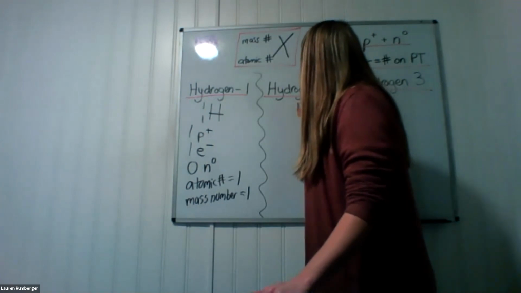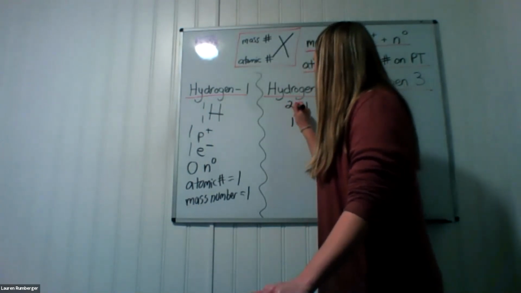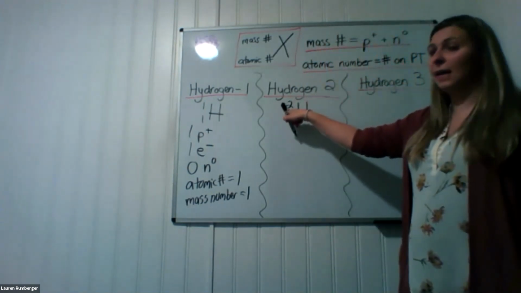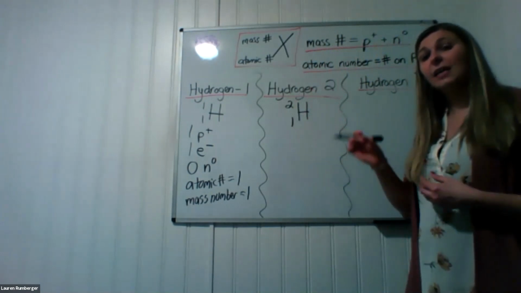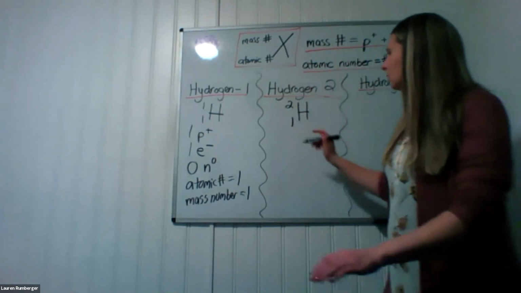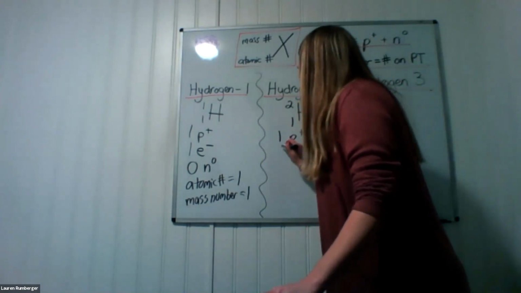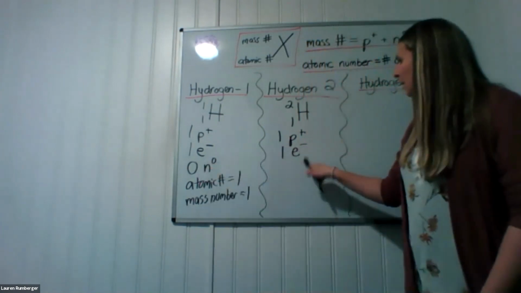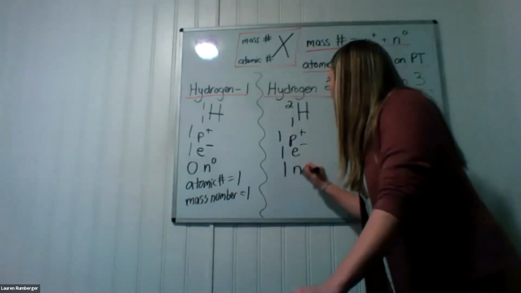For hydrogen 2, the difference will be that now the mass number is 2. If the mass number is now 2, what has changed in the atom is the number of neutrons. So we still have 1 proton, 1 electron, but now this atom will have 1 neutron.